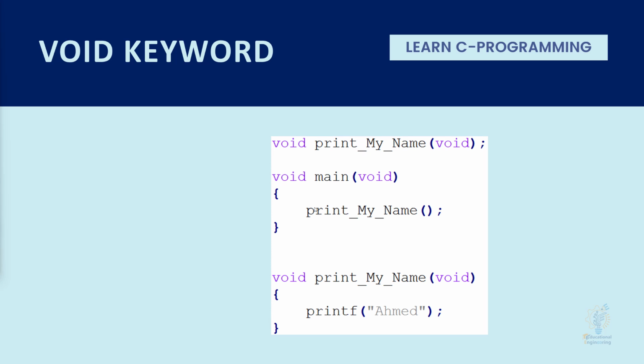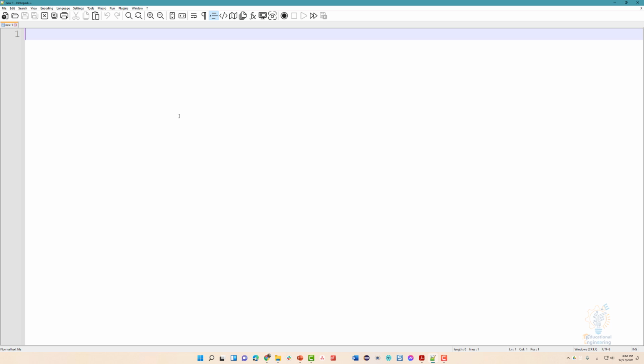Now let's do this in a practical manner. Let's write our own void function. Now let's add the hash include that we are used to. Let's zoom in and add stdio.h.